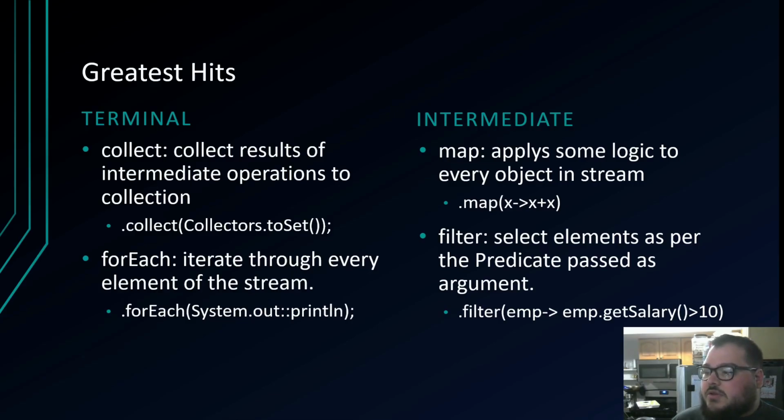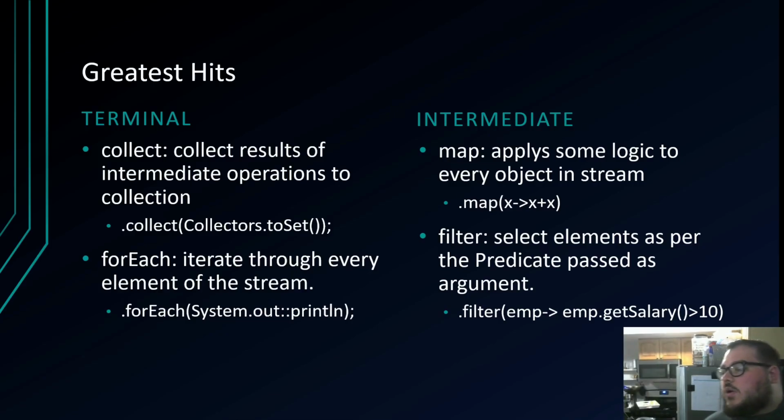So you may go through and map a bunch of data to something else, and then come back and collect all that data to a list or a set. Collect gives you the ability to package everything when you're done into one final output. forEach goes through every element of the stream and performs something.